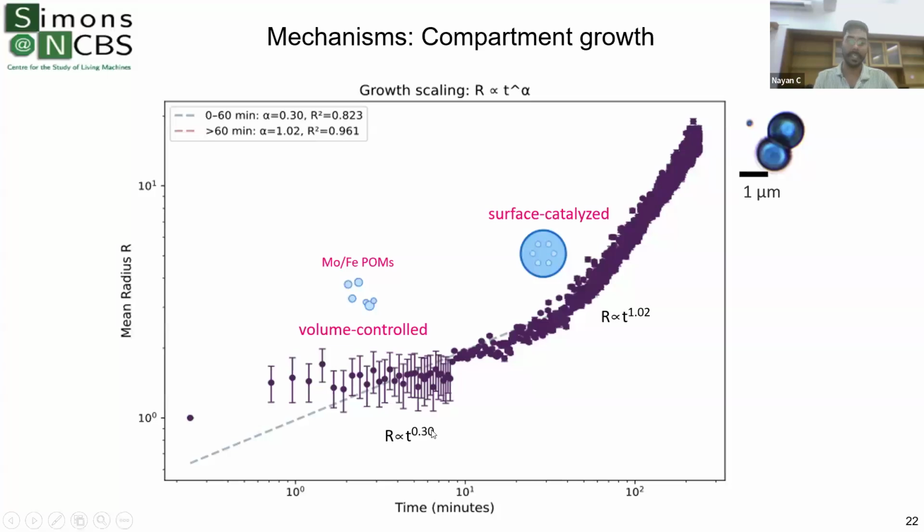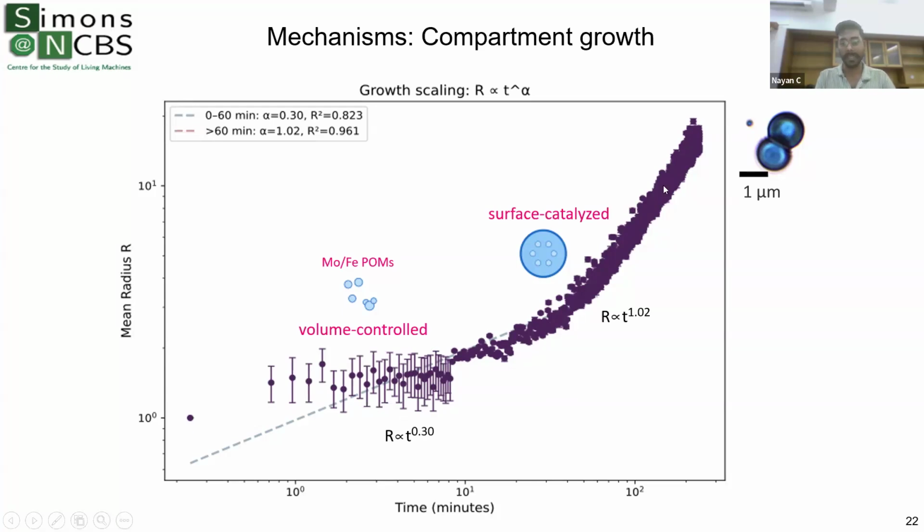And we do see that in our microsphere scaling fit, we find two regimes: an initial very early regime in which R cubed is proportional to time, which mostly gives a sign of volume controlled growth, which makes sense because the initial nucleation is governed by condensation of these molybdenum iron nanoparticles. So it's a bulk condensation process, so it's volume limited.